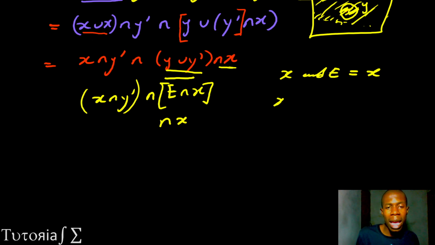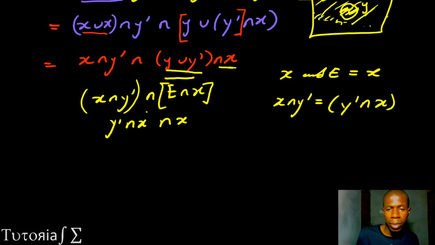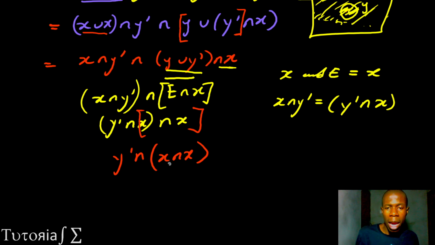Remember what we said, x intersection y prime is the same thing as y prime intersection x. So this can be written as y prime intersection x. Then by the commutative law, we can group these. So this would be y prime intersection, then we group x intersection x. Now, what does x and x have in common? So that is basically x intersection y prime. So this is the final answer.